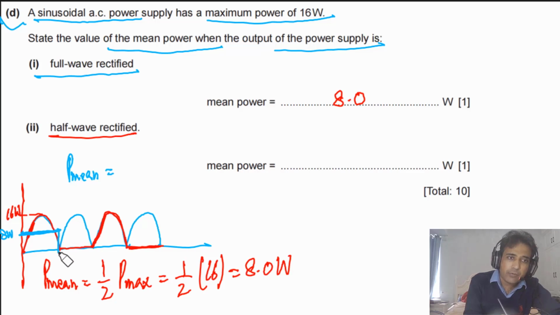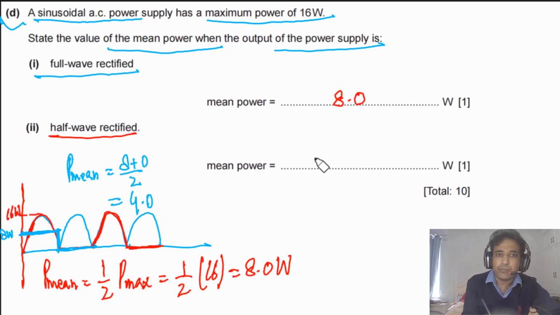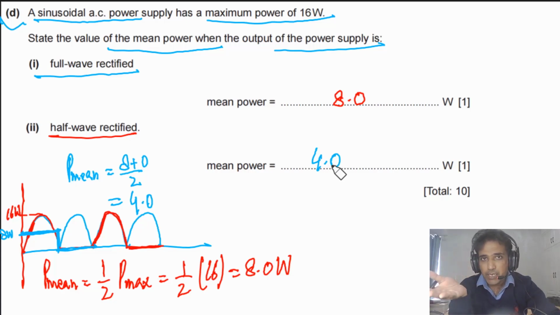But in half of the cycle we have no power, half of the cycle we have power. So it means this has to be 8.0 divided by 2, which gives 4.0 watts. If it is half wave rectified, half of the cycle has no power, so it has to be divided by 2.